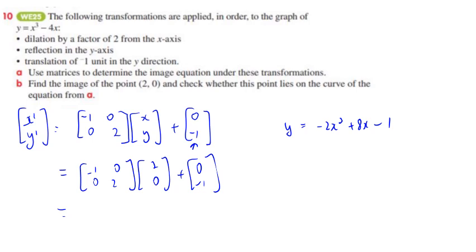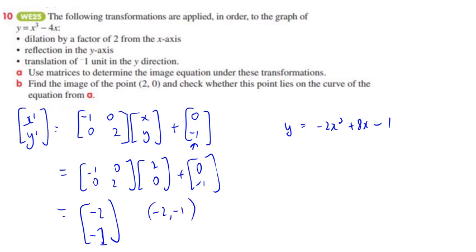So negative 1 times 2 is negative 2. Plus 0, well, that's just going to be negative 2. Then we do 2 times 0, which is 0, minus 1, which is negative 1. So the point is going to be, oh, that's a negative 1 there. And so it's just going to be negative 2, negative 1 is our new point.